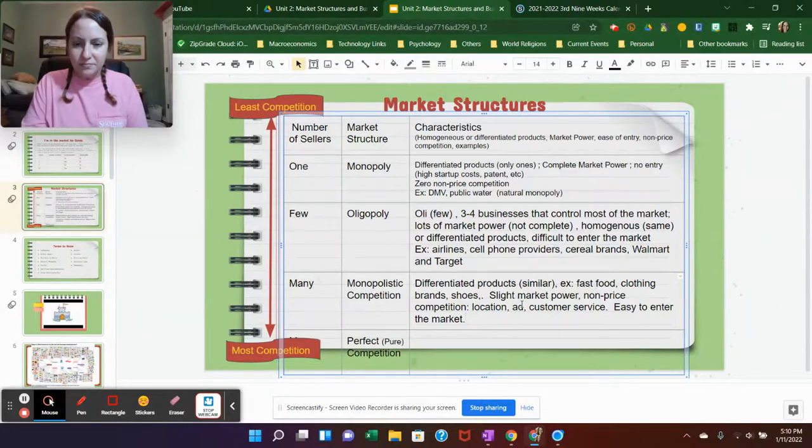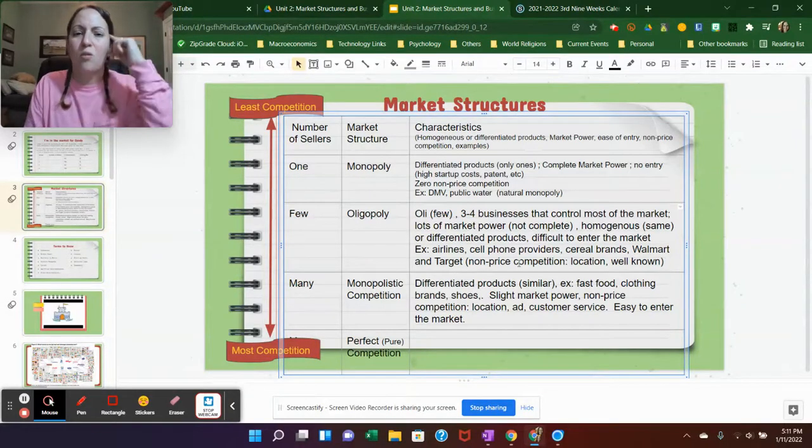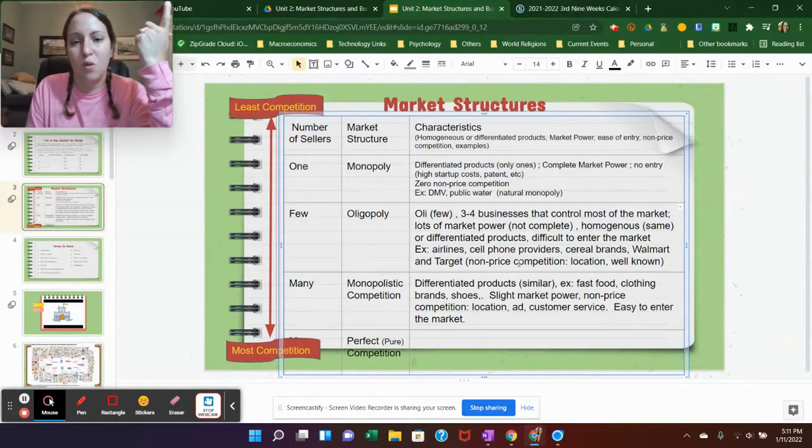And I did not talk about oligopoly's non-price competition, but when it comes to non-price, it's not going to be a lot. Maybe location, maybe it's a well-known brand, but they don't, like Walmart and Target do not have to go out of their way with customer service because it's just Walmart and Target.